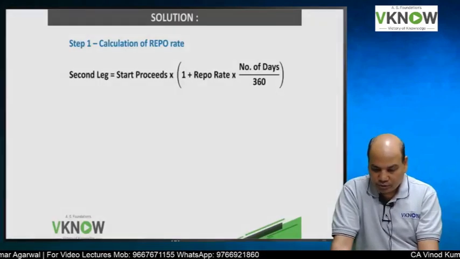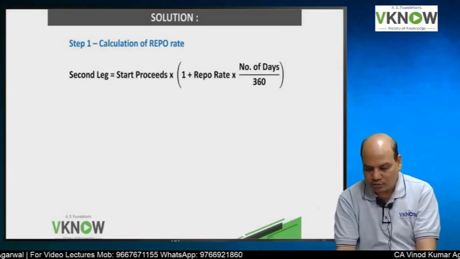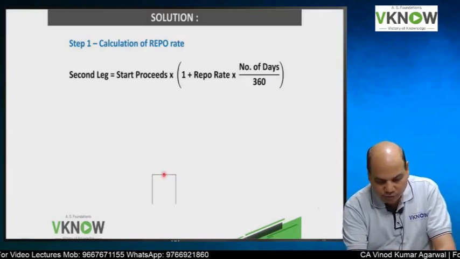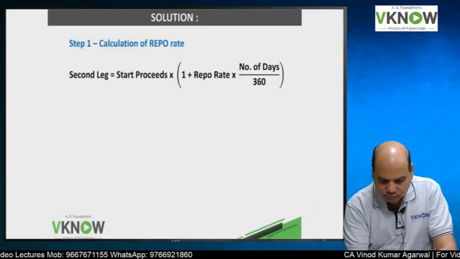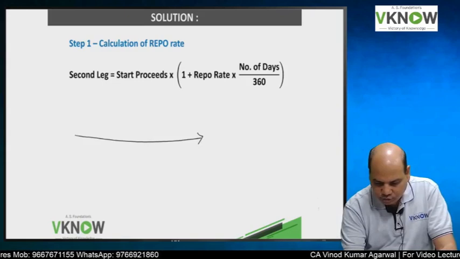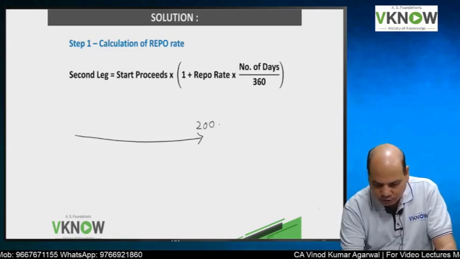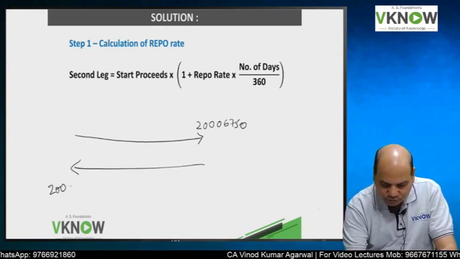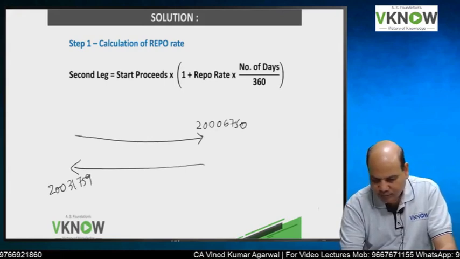Now I am going to come to this question. Before I come to this question, understand: one party took the loan at 200,06750 and then repaid this amount, 200,31759.